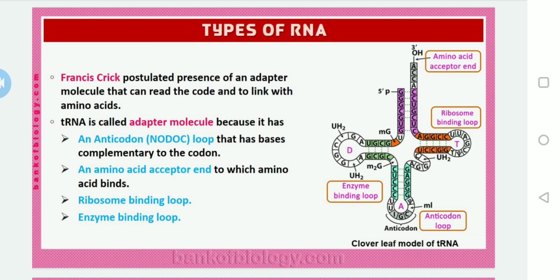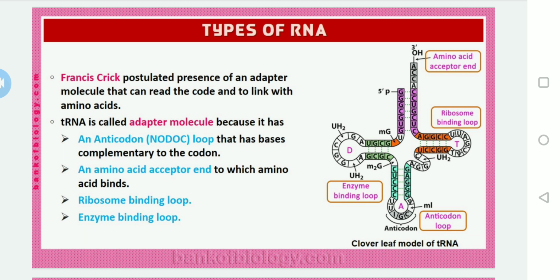The answer is clear: tRNA carries an amino acid that is coded by a codon present on messenger RNA. I will repeat once again: why is tRNA referred to as an adapter molecule? You should write this answer.